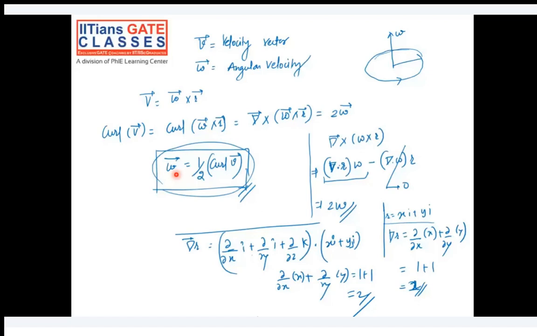So if this is 0, we are talking about horizontal lines which are not rotating; they are just going in a particular direction.